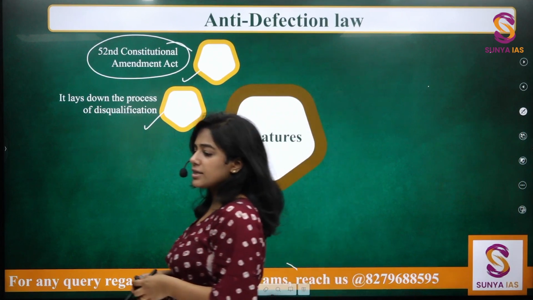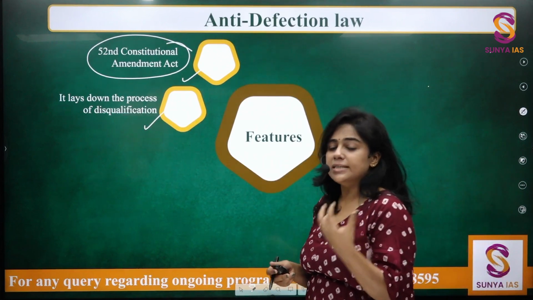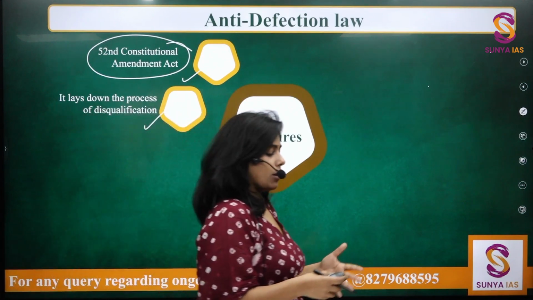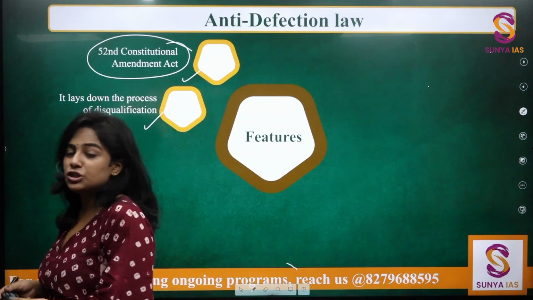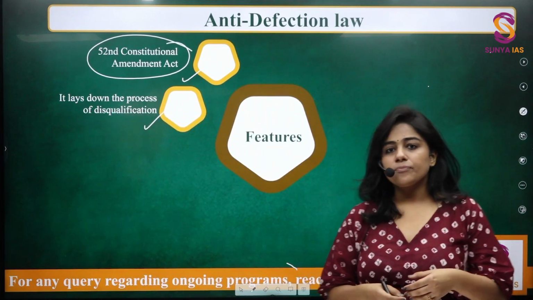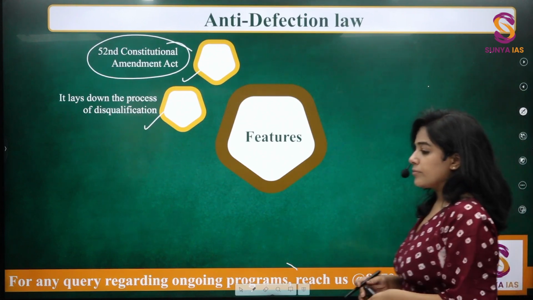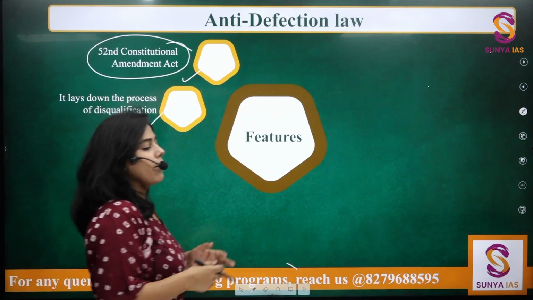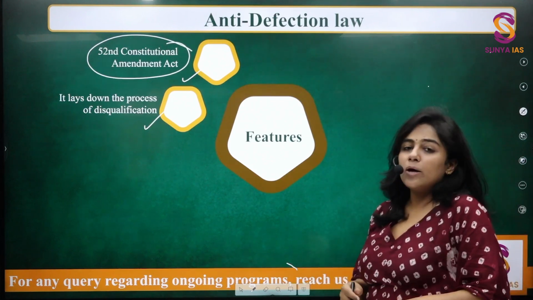So as I told you, you can write, defection is a phenomenon where political representatives change their political allegiance in exchange of material benefits, notwithstanding the popular mandate by which they were elected.